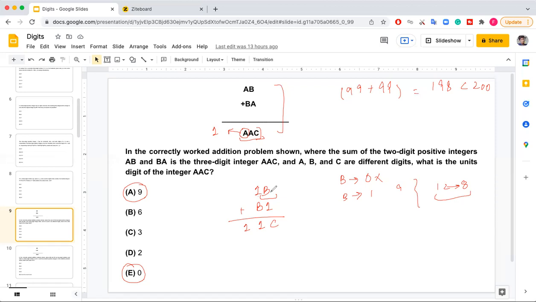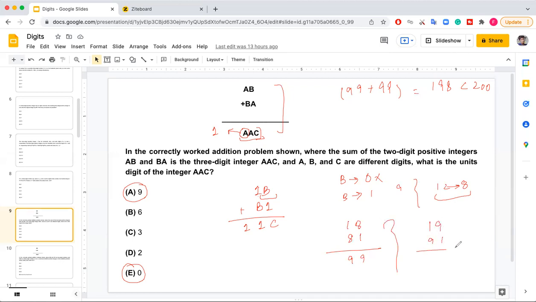Why should the value of B be 9 here? The reason is, for example, if you take B as 8, so this is 18 and 81. So what is the answer? 99, which is not a 3-digit integer. So B has to be 9.